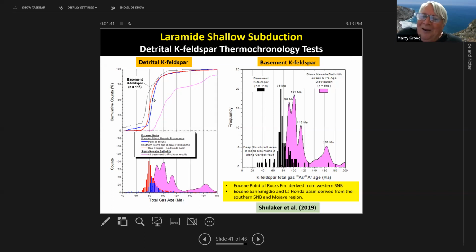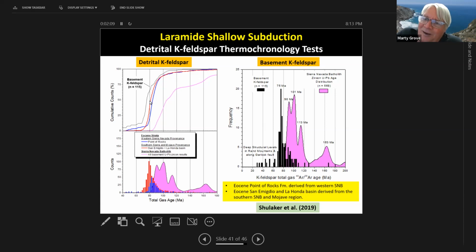Anyway, I don't know if I can completely answer the question, but this black distribution right in here in the upper right-hand corner represents the basement results. It's on average about 5 million years younger than the red distribution, which represents the San Emigdio and La Honda Basin sediments.